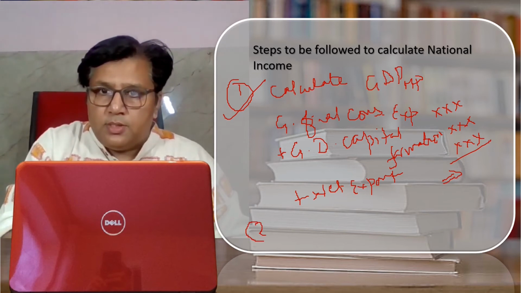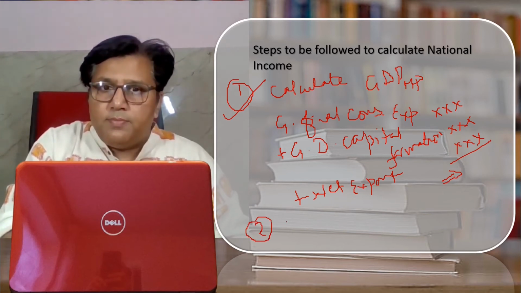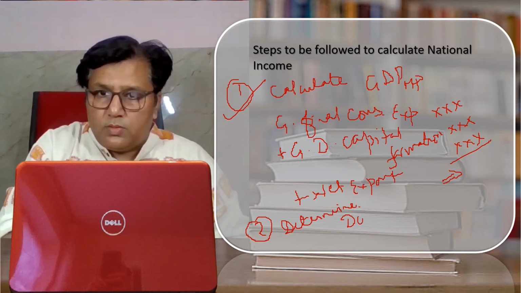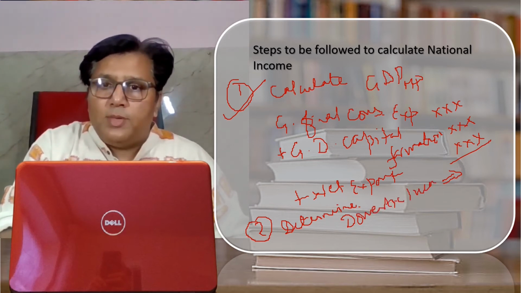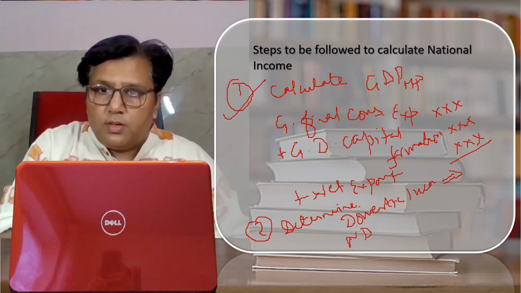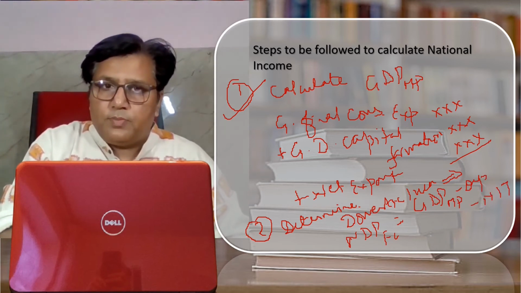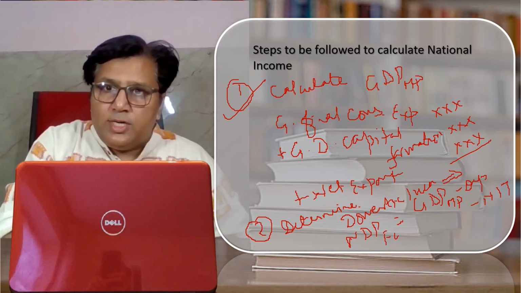Second step is determine domestic income. The question is how to determine domestic income? By deducting depreciation and net indirect taxes from the GDP-MP. So the first step is calculate GDP-MP. Second step is determine domestic income.